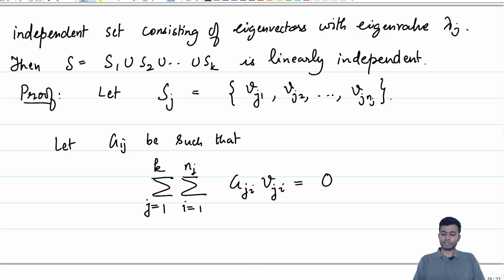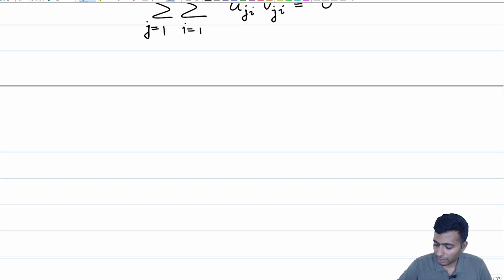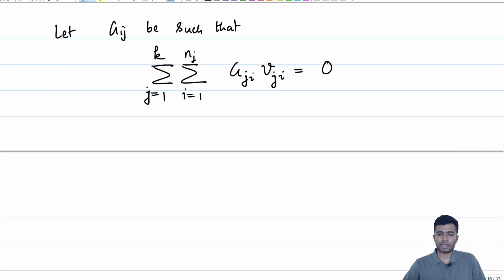So, this is a linear combination. A typical linear combination will be like this, and we would like to show that each of the coefficients Aji is 0.